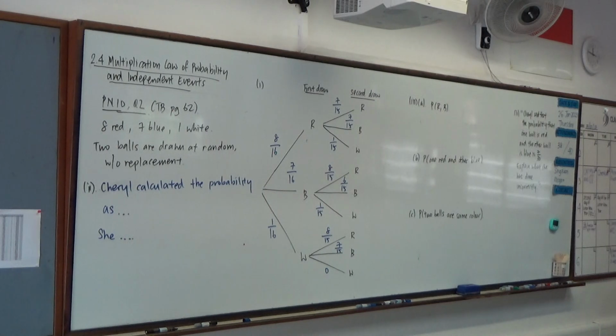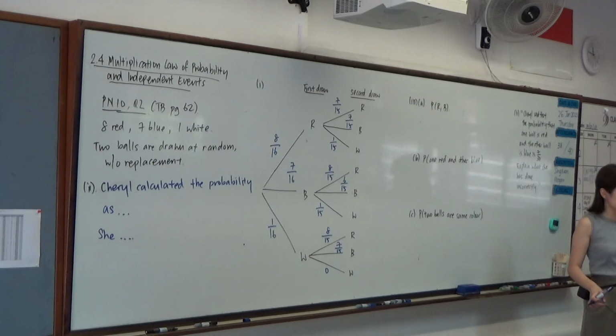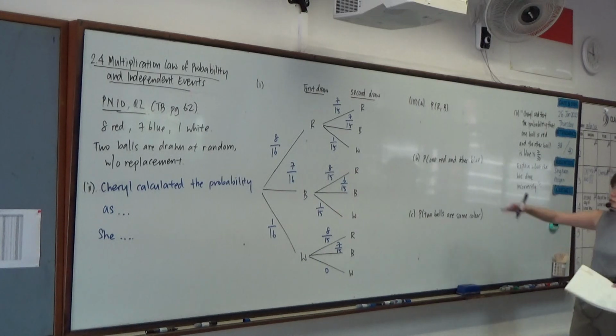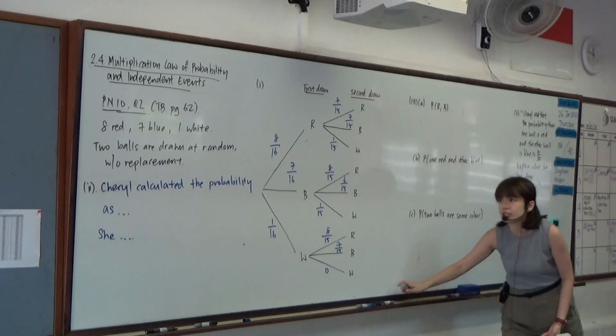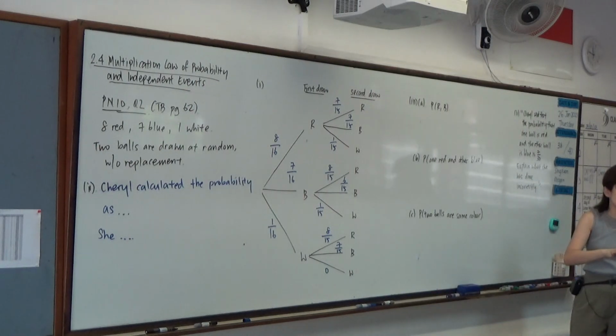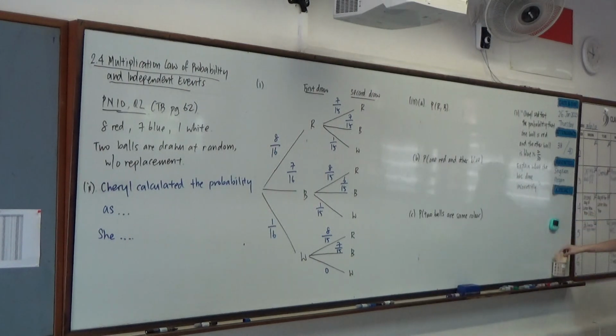Right? Now looking at part 3 first, in the first part A, we want to find out what is the probability that the first ball is red and the second ball is blue. So you may want to express it like that, that is fine, acceptable presentation. Alright, so what would the probability actually be? Let me just call name Josh.